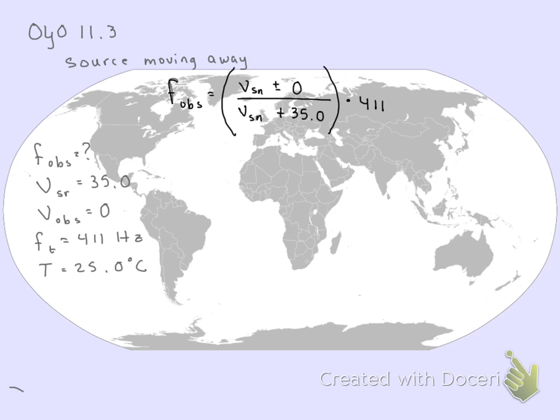So we have two unknowns here, which is just not going to work. We need to use the equation for the velocity of sound in order to get a value that goes right there, which is not uncommon for physics, is that in order to solve a main equation, which is the Doppler effect equation here, we need to use another equation to fill in one of the variables.